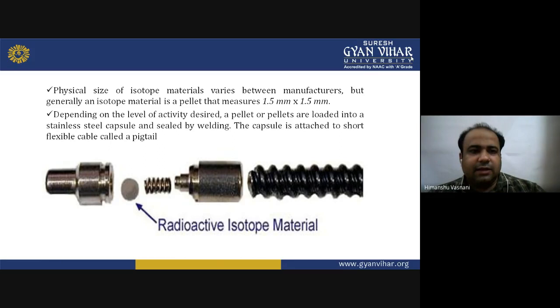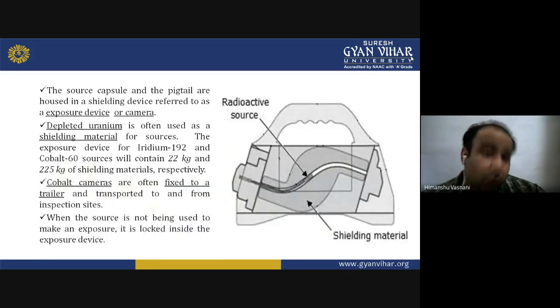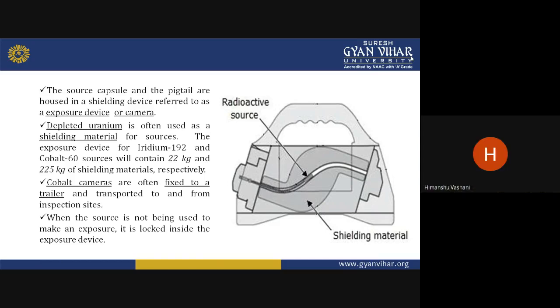Then you attach that capsule to a short flexible cable called a pigtail. The source capsule and the pigtail are housed in a shielding device referred to as an exposure device or camera.